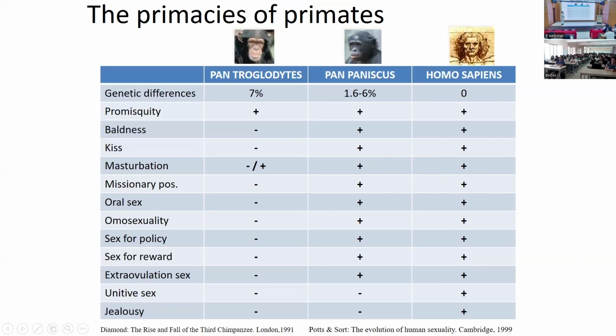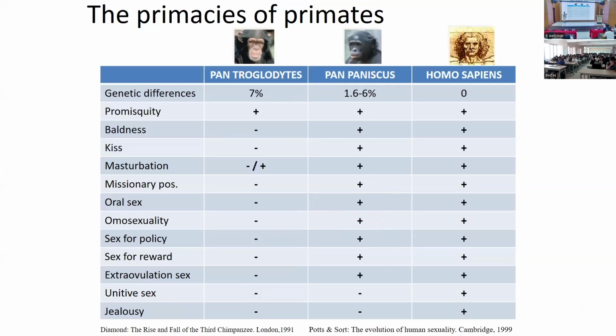They do practice the oral sex. They have homosexual individuals. They are making sex for policy. In other words, to increase the rank into the society. And we are doing the same, more or less. As well, they are making sex for bananas, for rewards, as we are sometimes doing sex for money or something like that.